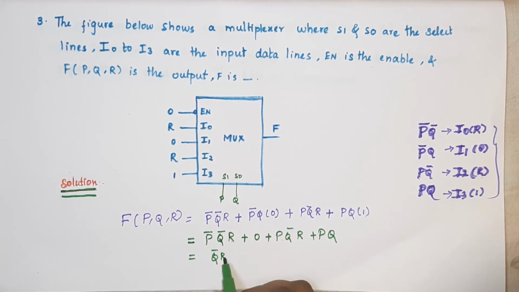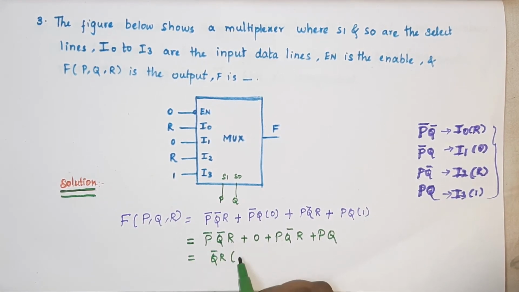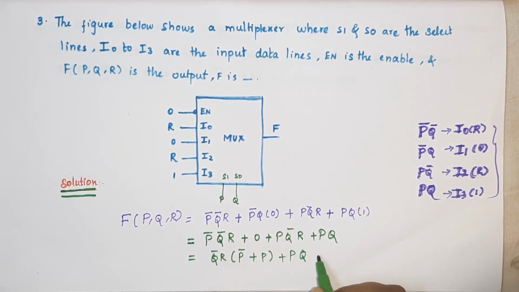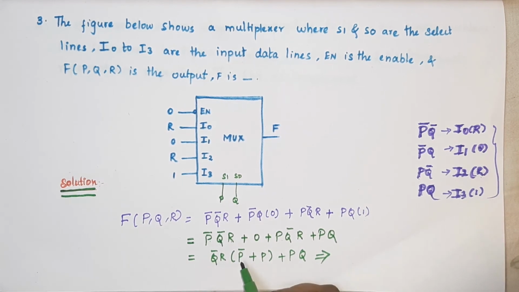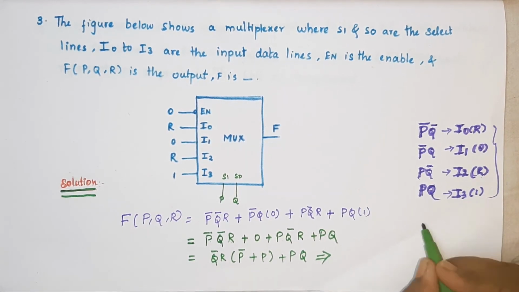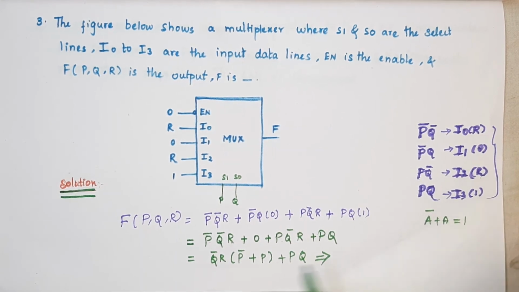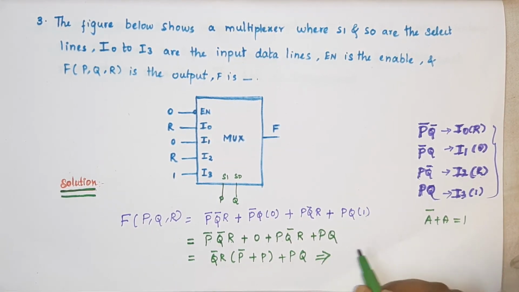The remaining terms are P bar plus P, plus PQ. We know that A bar plus A is 1. Likewise, P bar plus P is 1.